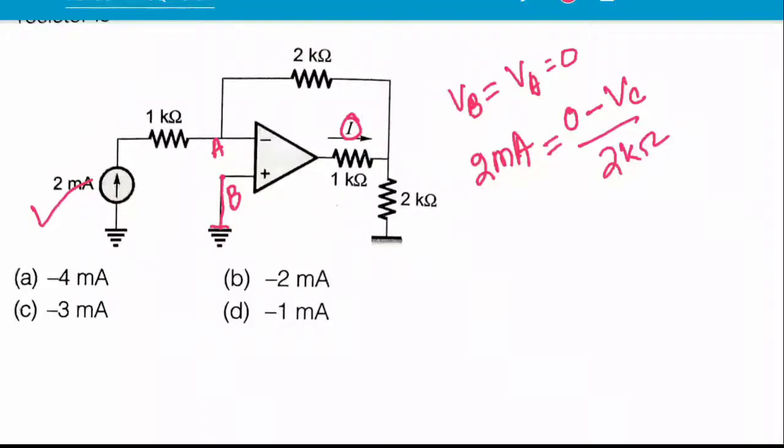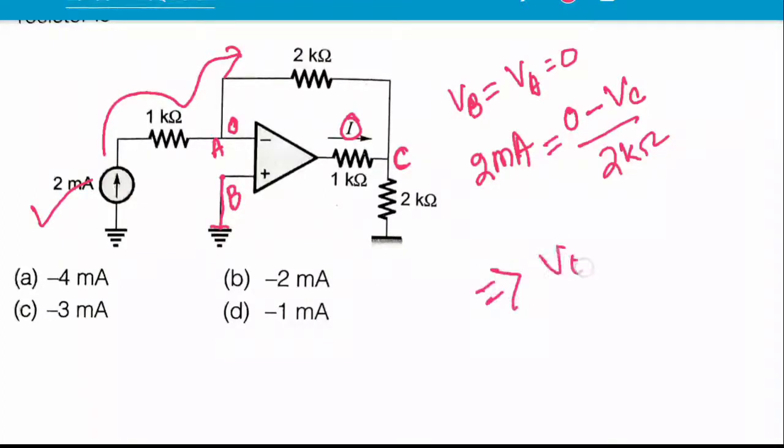This is 0 voltage minus Vc, suppose this one is C, by 2 kilo ohm, because this current will flow this way, no current will flow into the op amp because this is an ideal op amp.